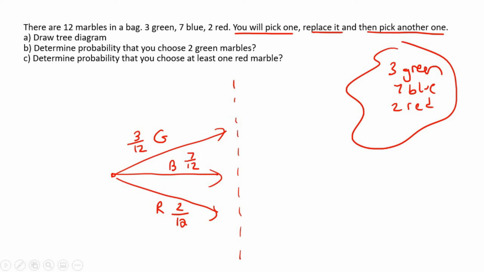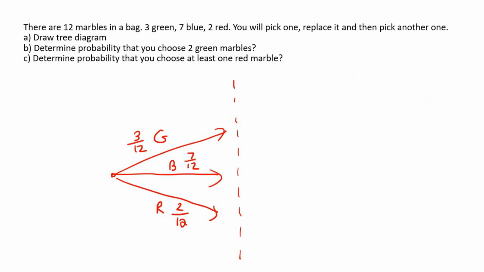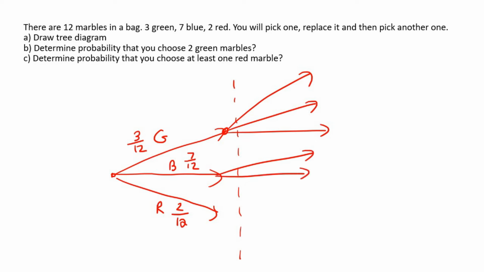Okay? Now, it says you will pick one, and then you'll replace it, and then you'll go do all of that again. So I'm just going to go do all of that again now. Onto this one, I'm going to add 3 more. Onto this one, I'm going to add 3 more. And then onto this one, I'm going to add 3 more. There we go.